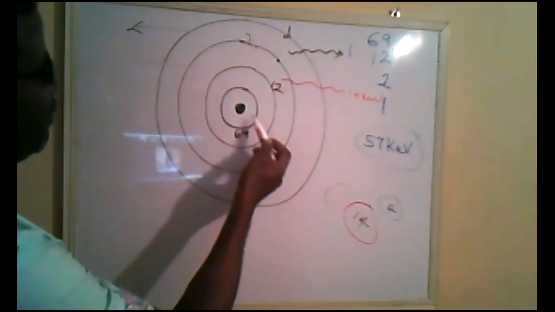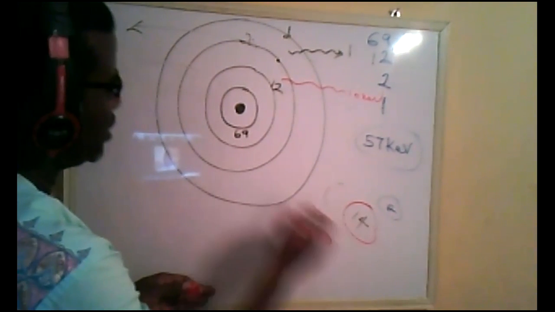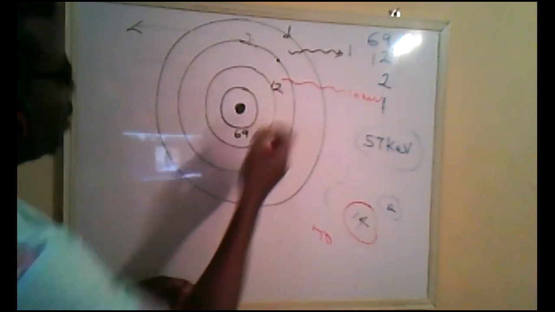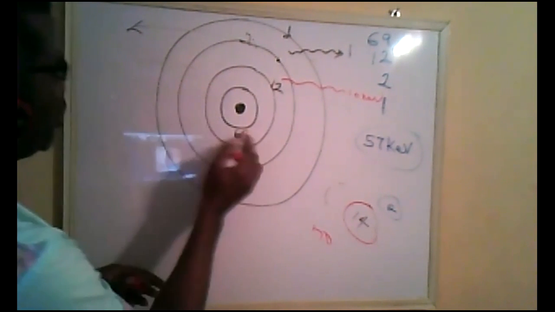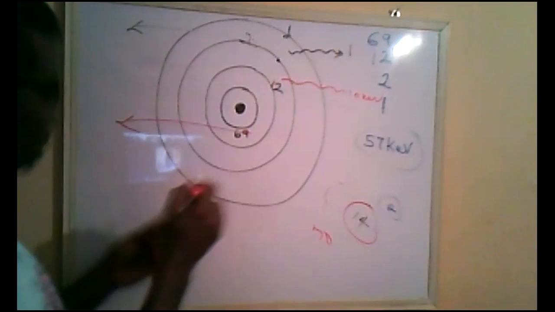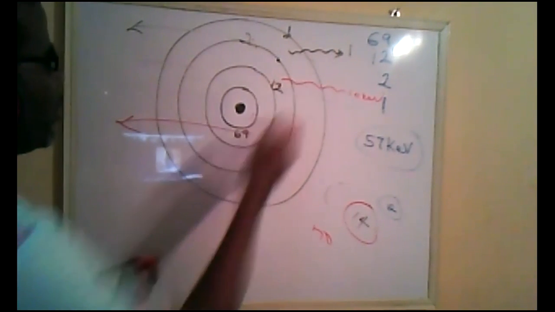But if we have something like 70 keV, 70 keV can knock this one out. If it knocks it out, we will have a vacancy here, which will be filled with the electron from here.